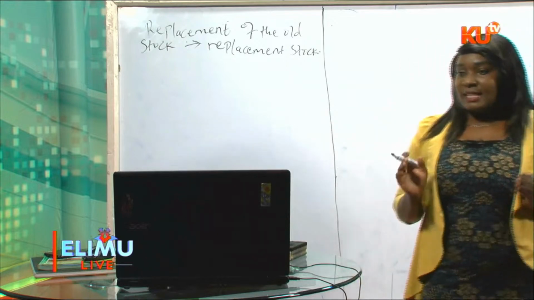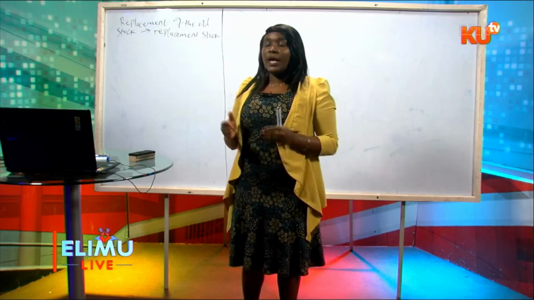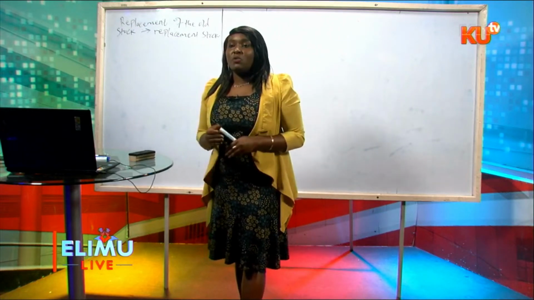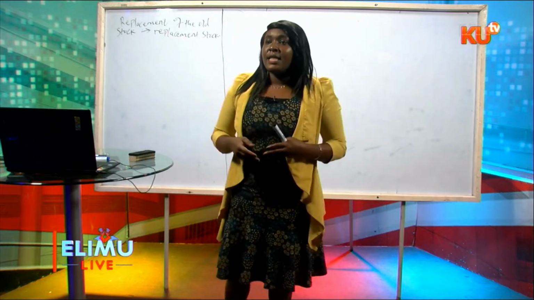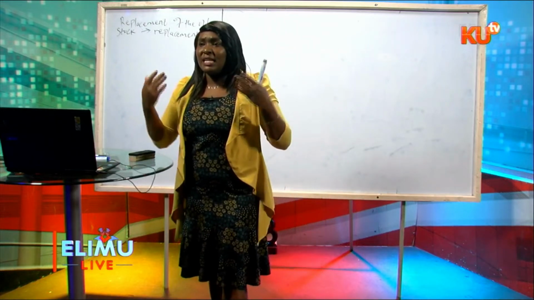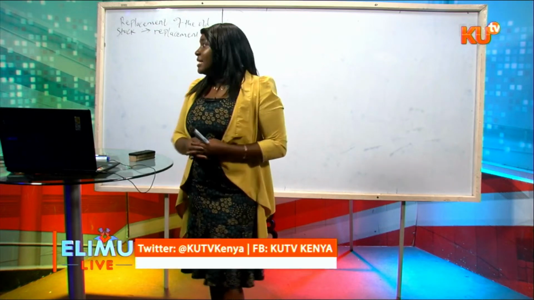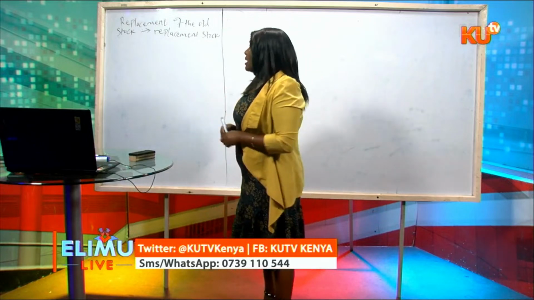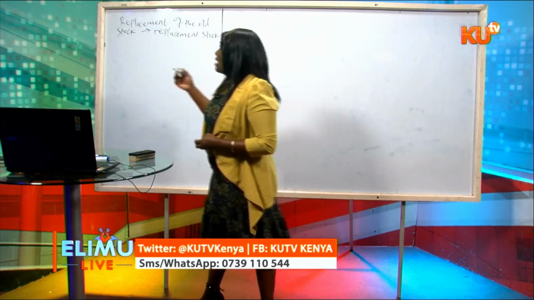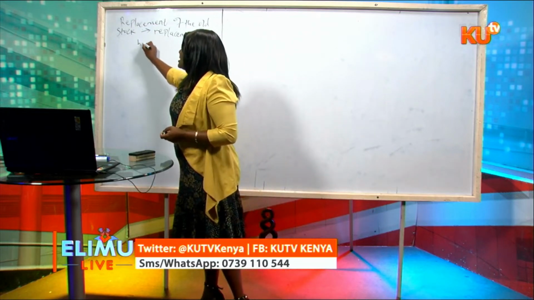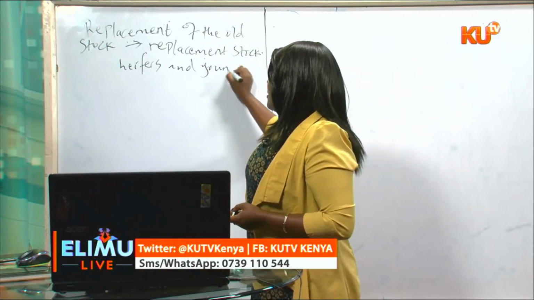I want to believe that that is very clear, because replacement stock, we have said, is where you replace old animals that are wearing out. They have started becoming a bother in your farm. They have started producing little amount of milk. They are not economical to keep in your farm, dear learner, you need to replace that stock with a new version or new animals, young animals. That is the heifers and the young bulls.